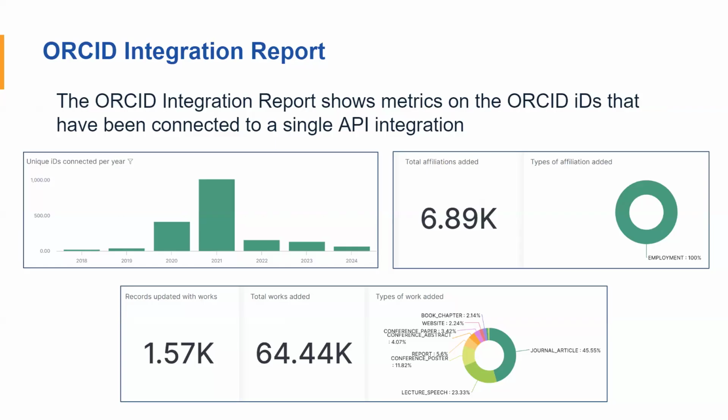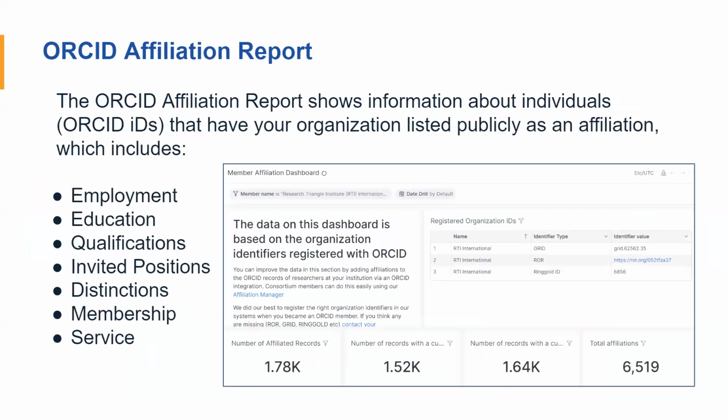And if your integration is writing data to ORCID records, which is recommended, the report will also show numbers on, for example, if your integration is adding employment information, how many affiliations have been added, or if your integration is writing works information to ORCID records, how many ORCID records have been updated, the total number of works, and the types of works, for example.